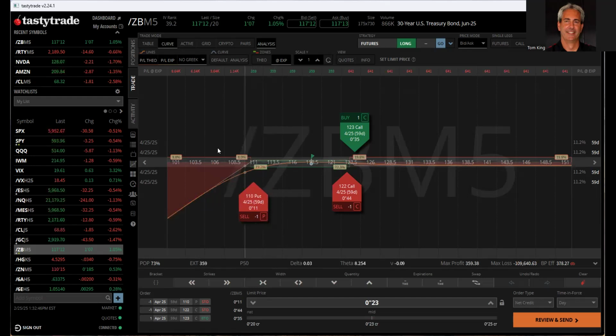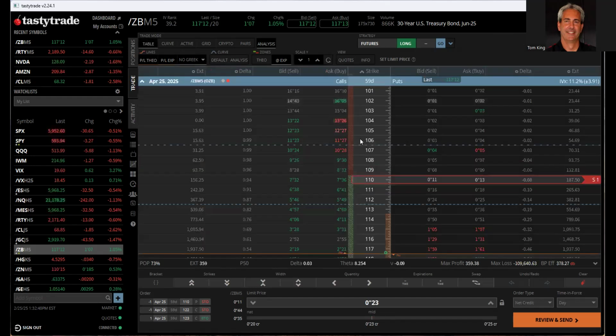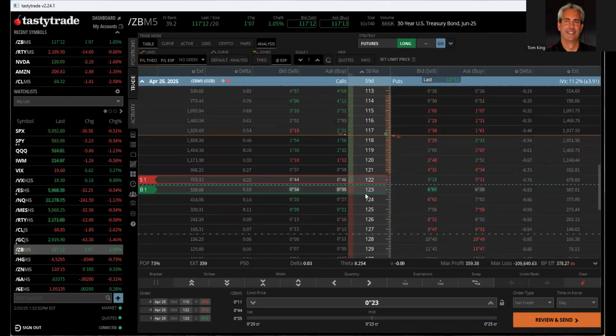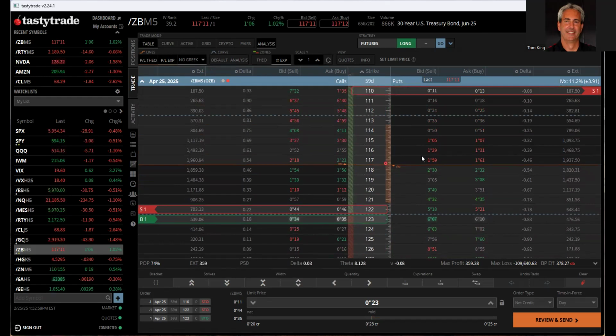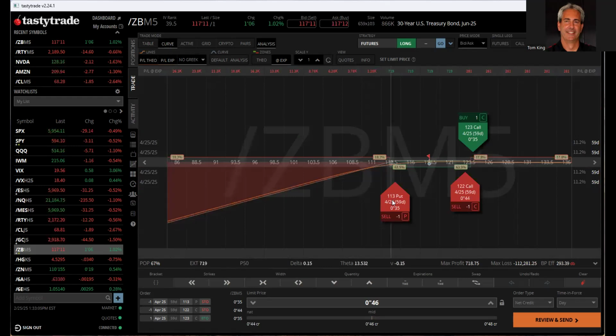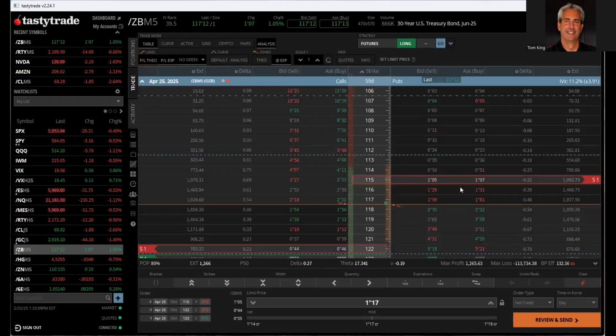Here's the problem with the Jade Lizard on bonds: you have to take in more credit than the width. Now, the width is a full point. Okay, so I need to take in a lot more credit to turn this thing positive. In fact, we have to get all the way up to here to take in more than a point on this.